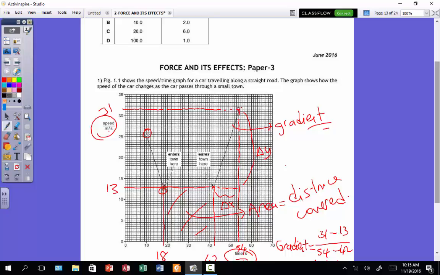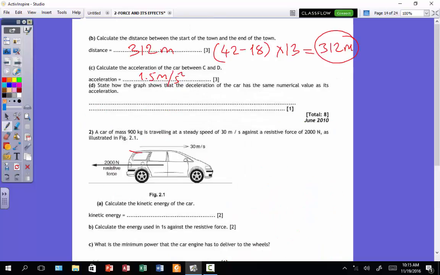The gradient from A to B is equal to the gradient from C to D. The only difference is the directions: one of them is positive and the other one is negative. So we can say that they have the same gradients, so they are the same as each other.